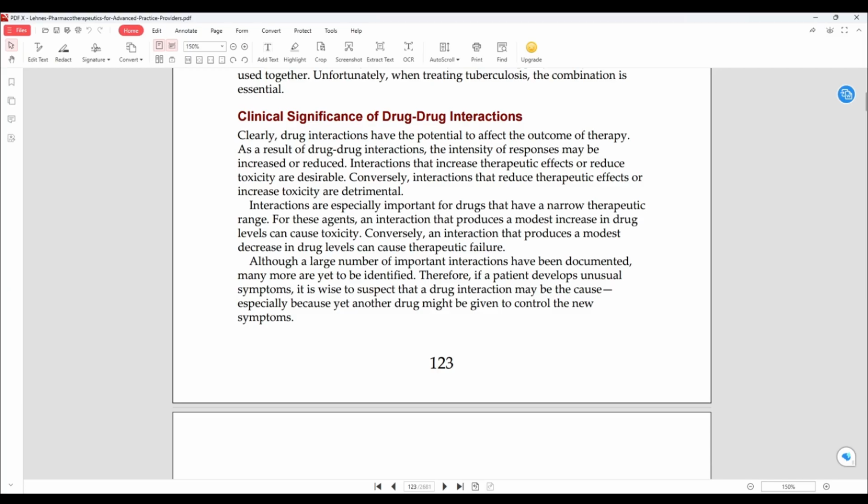Clinical significance of drug-to-drug interactions. Clearly, drug interactions have the potential to affect the outcome of therapy. As a result of drug-to-drug interactions, the intensity of response may be increased or reduced. Interactions that increase therapeutic effects or reduce toxicity are desirable.